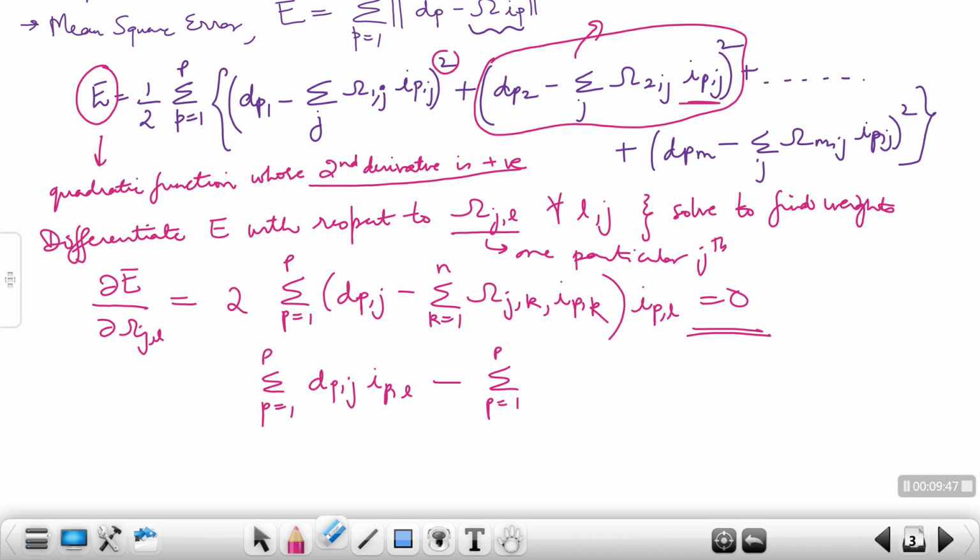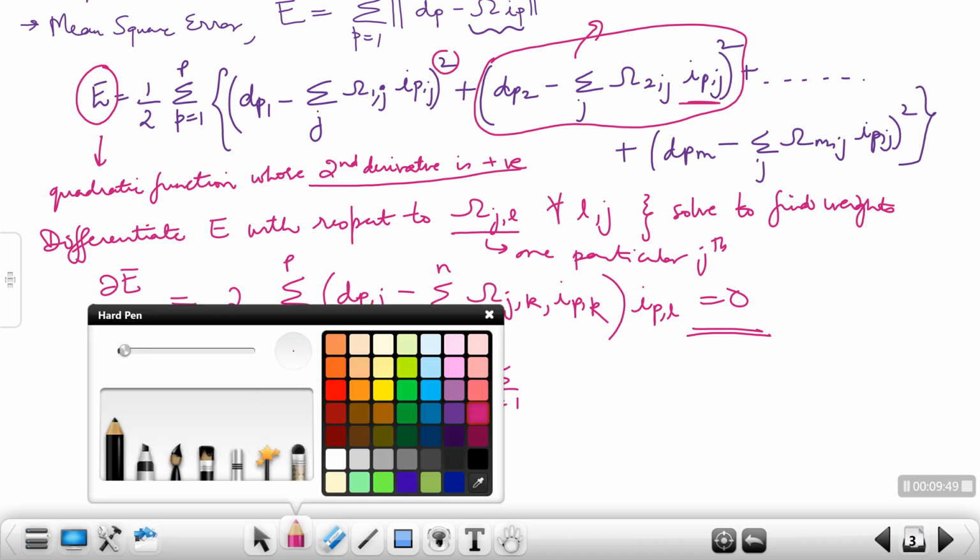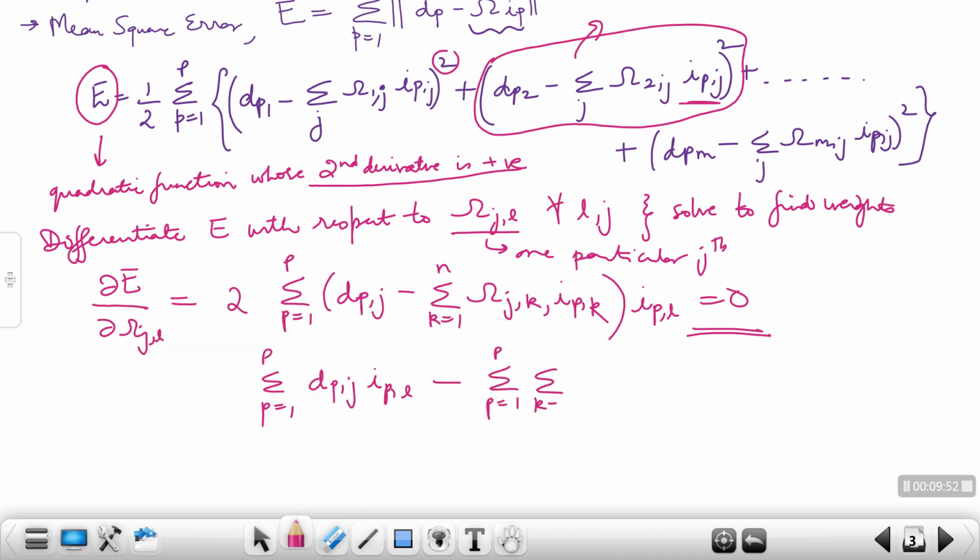So this 2 will have no meaning here. So this is what we will get.